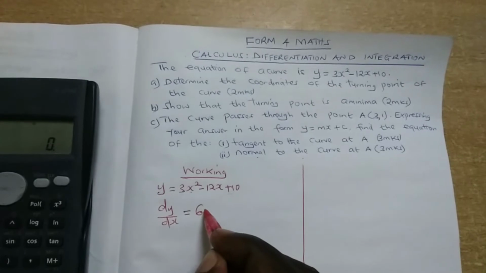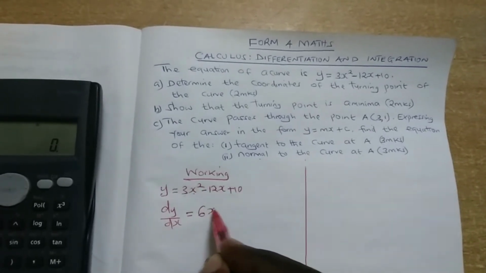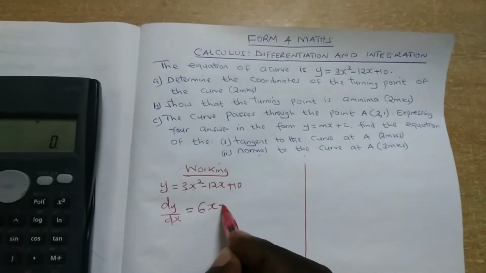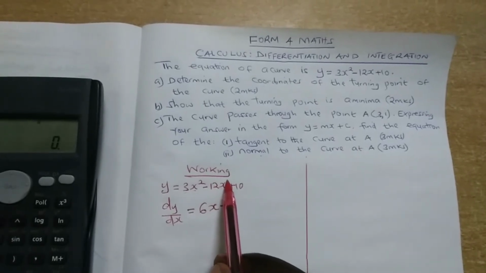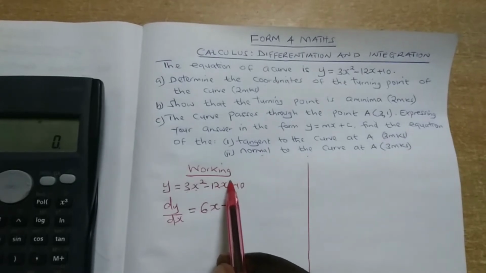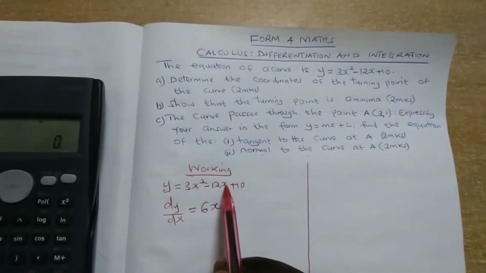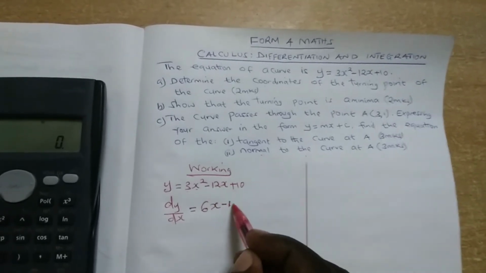Then we subtract 1 from the power of x, so we have simply x to the power 1, which is 6x. Then minus, when you differentiate 12x, we assume x is raised to power 1. 1 times 12 gives us 12. Then we subtract 1 from the power of x. 1 minus 1 is 0, and any number raised to 0 is 1. So this is simply 12.